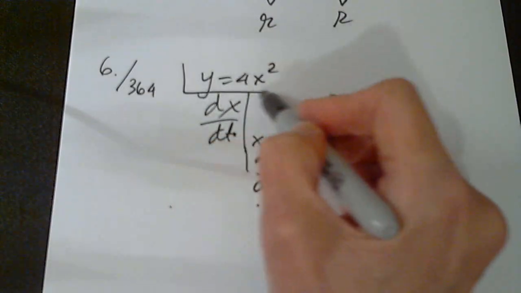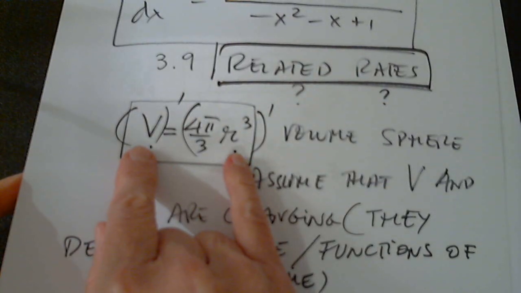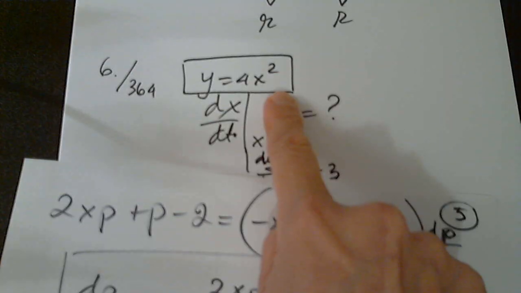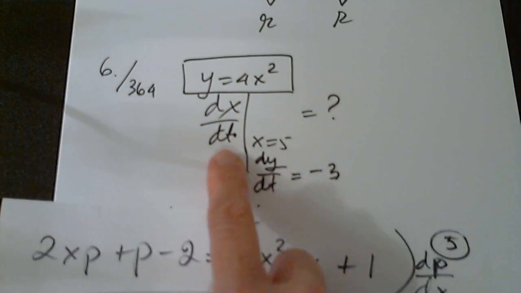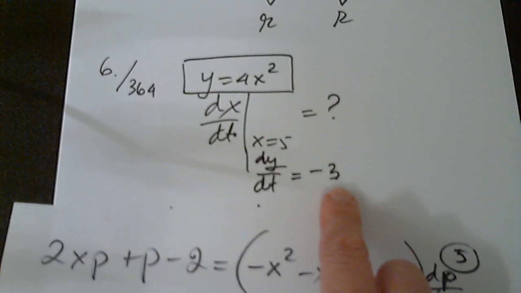They are giving us this equation, like in my simple equation, two functions. They are both functions of time. They are related. This is a function of time. How do I know? Because I'm told dy over dt is -3.